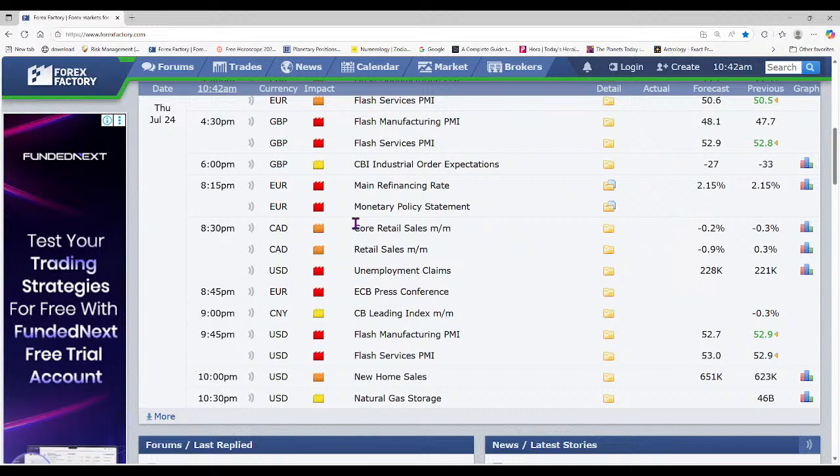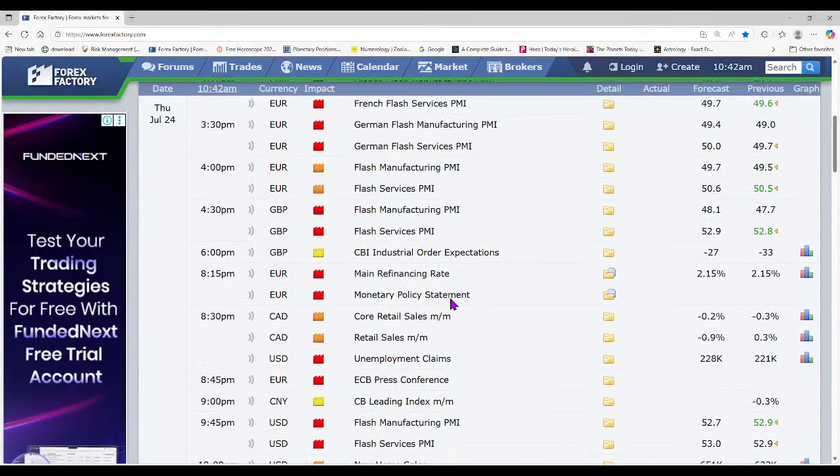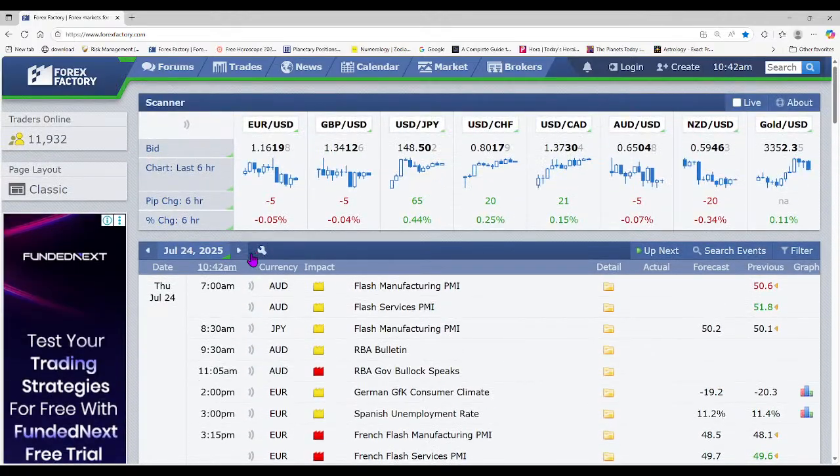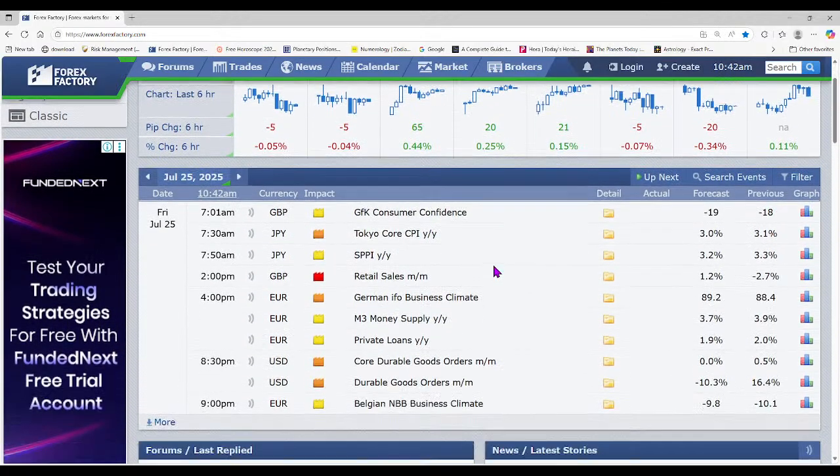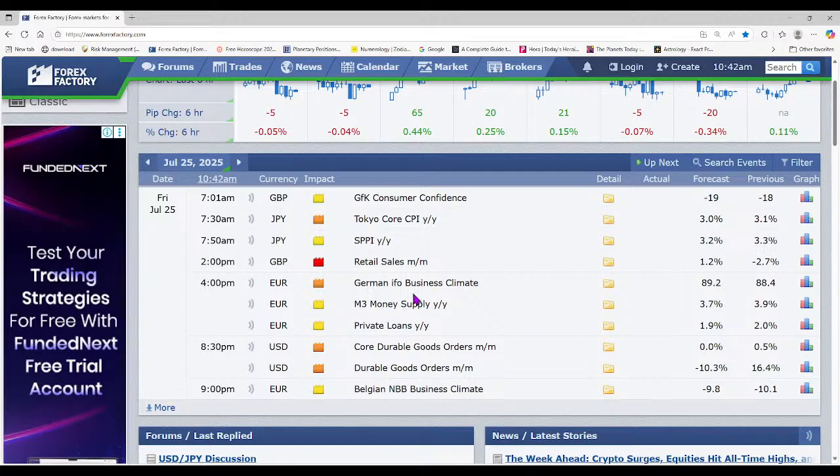Then we have Canadian retail sales, an ECB press conference, and new home sales from the US. On Friday we have pound retail sales, and from the US, core durable goods orders.